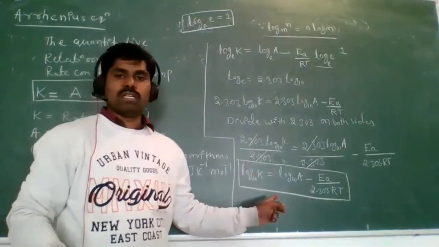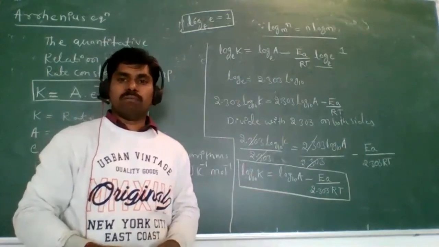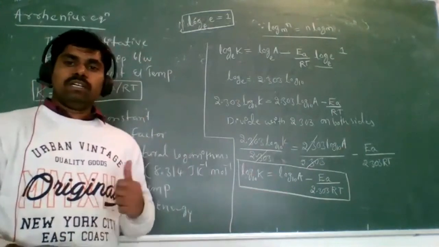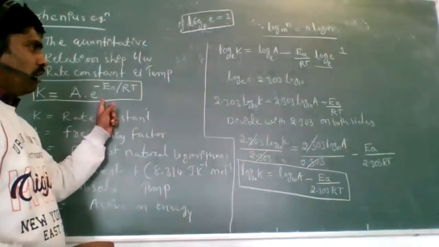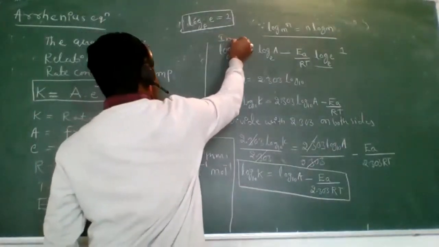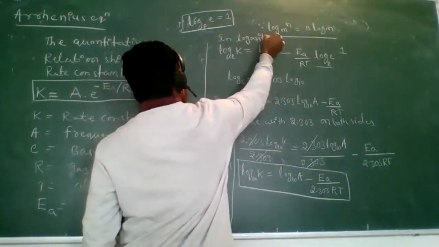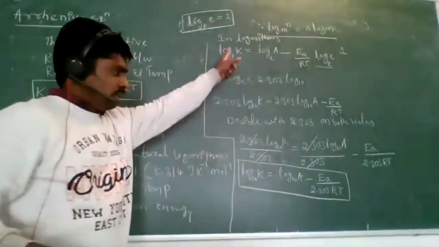Okay, I hope you understand. What is the Arrhenius equation? The relationship between the rate constant and temperature. This is one formula. When you write it in logarithms, this is the formula.